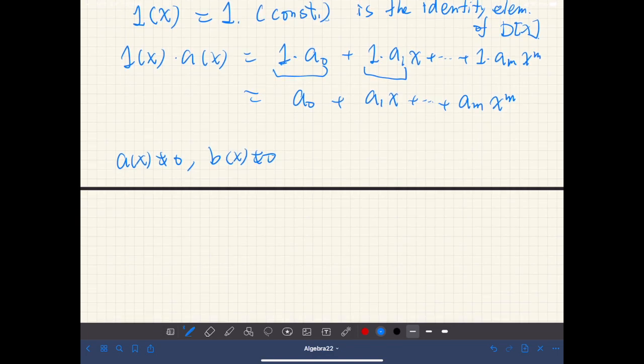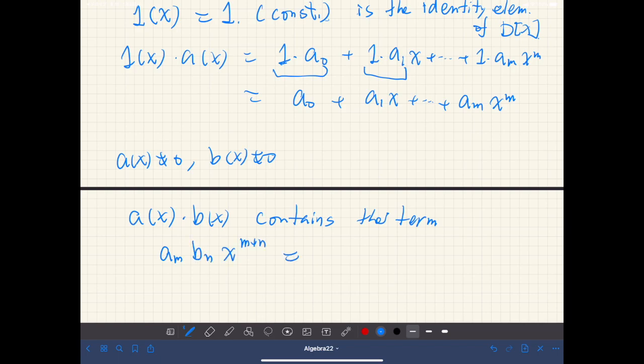So a of x times b of x contains the term am times bn x to the power of m plus n, which is non-zero.